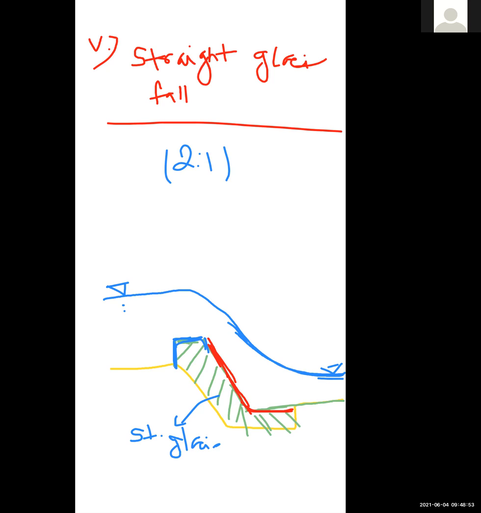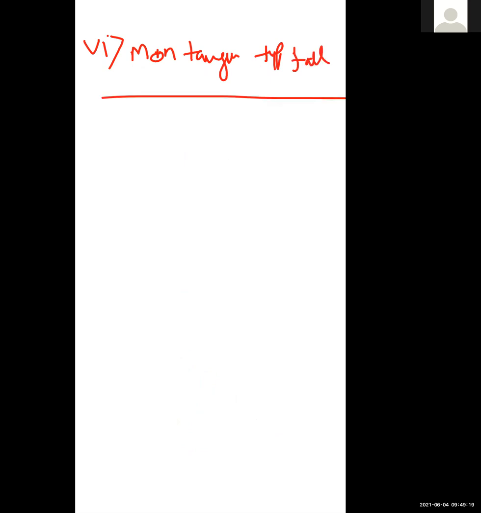So next type of fall is the Montague fall. Six number is the Montague fall. Next canal fall is the Montague fall.